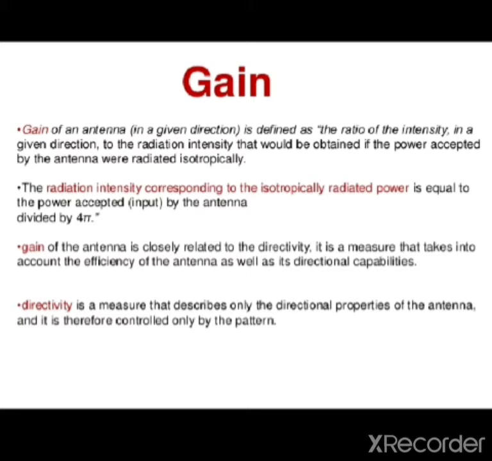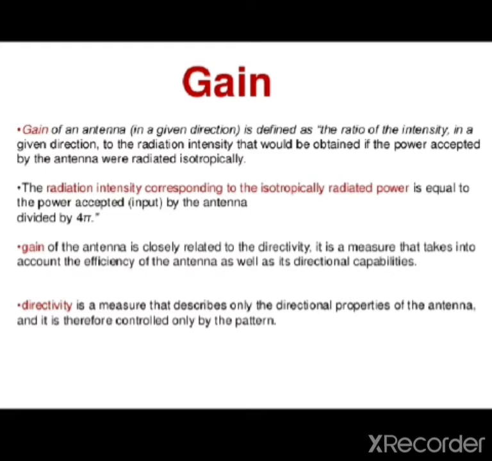Because the isotropic radiator is the reference antenna with 100% efficiency, its gain is equivalent to its directivity. That is the only exceptional case. In other antenna systems, gain is always less than the directivity. Therefore, gain G is equivalent to the efficiency times the directivity of the antenna system. So directivity is always greater than gain in all antennas except the isotropic reference antenna.